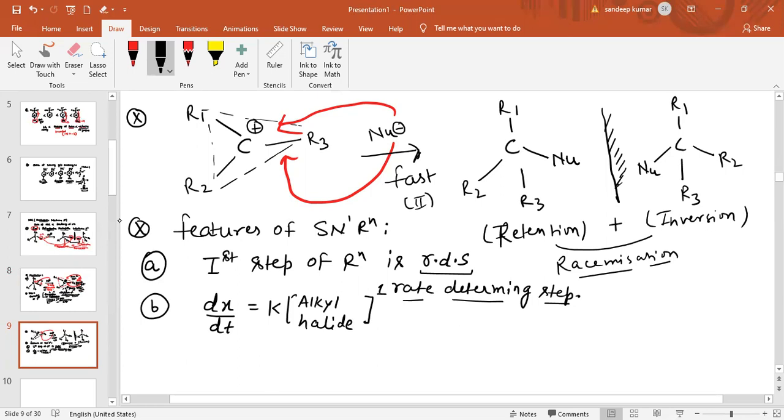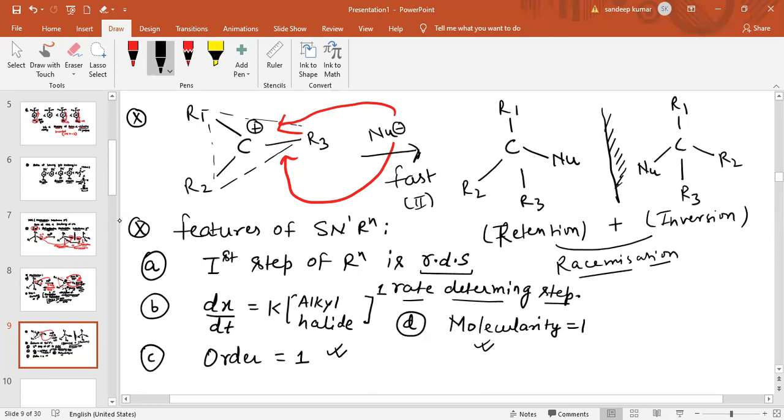Therefore we can say the order of reaction is 1. Also we can say the molecularity of the reaction is also 1. So the order of reaction is 1, and the molecularity of the reaction is also 1.